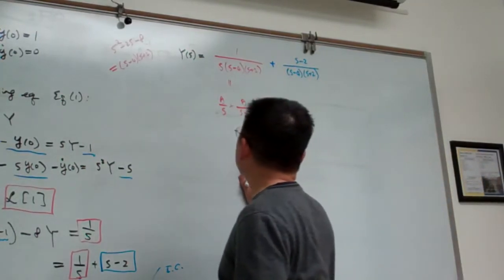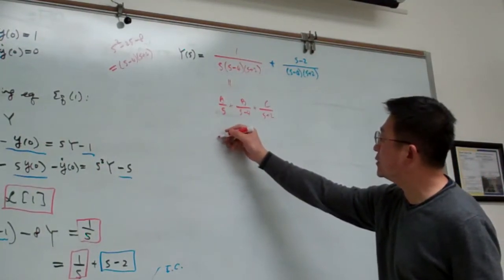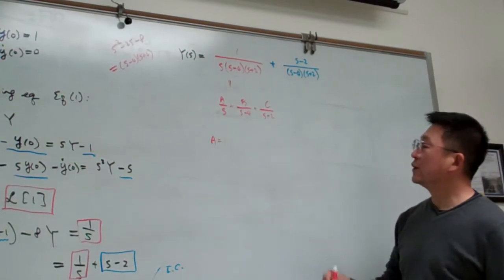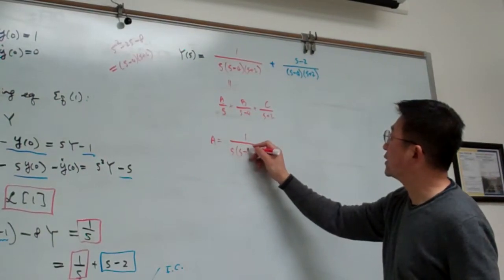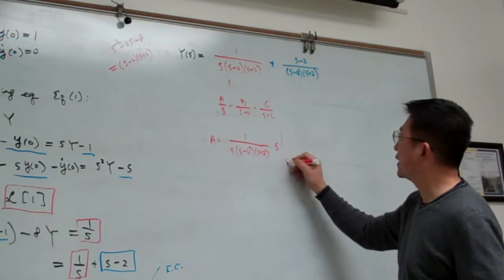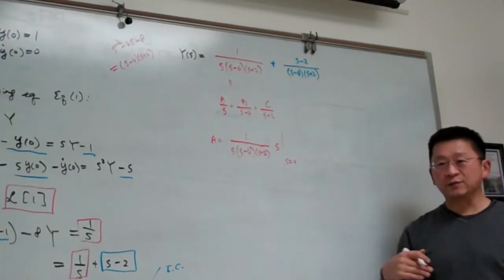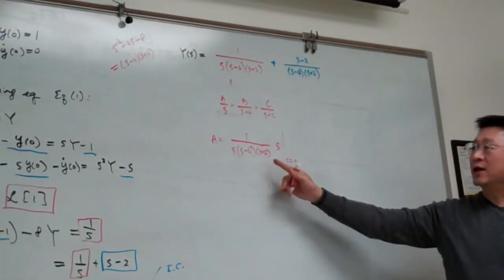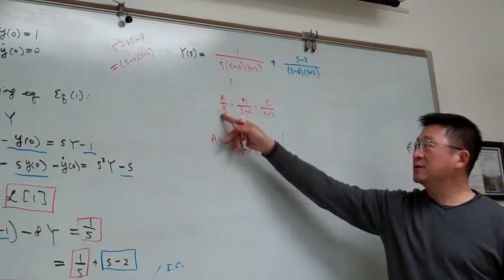In this way, if you do this carefully, A should be equal to, right now this is our F(s), s minus 4 and s plus 2, multiplied with s, when s equals 0. If you plug in your notes from the previous example, now will be a good time to apply the previous concept to here. Again, I want to determine A. In this way, I have A stand out.